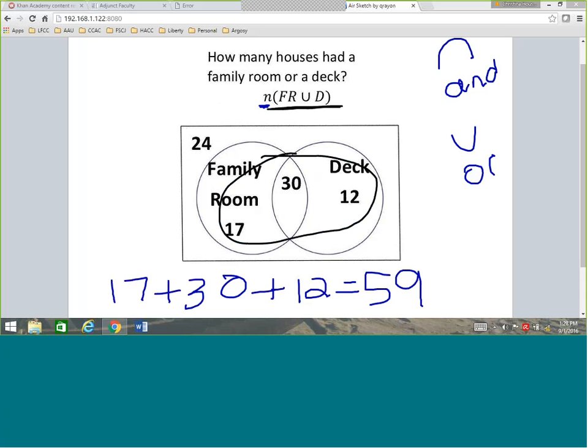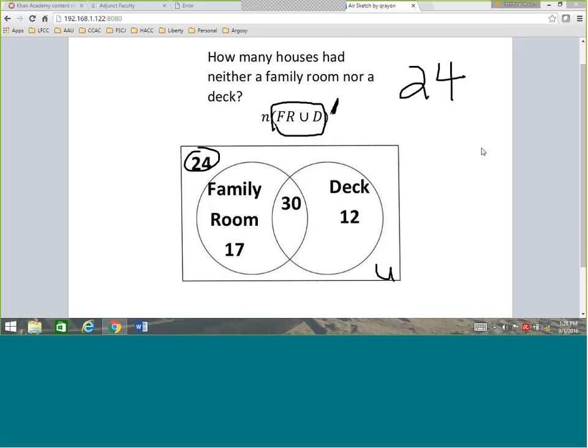And then when we come over here, it's the same question, but a negation of it. So it's basically anything outside of this, but still inside the universe, which is 24. So that apostrophe again means not inside the family room or deck circles. And the answer is 24.